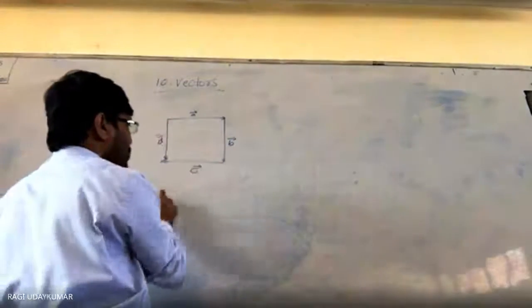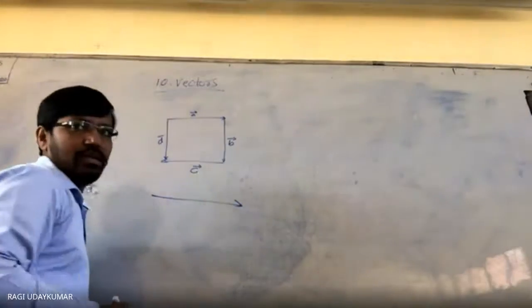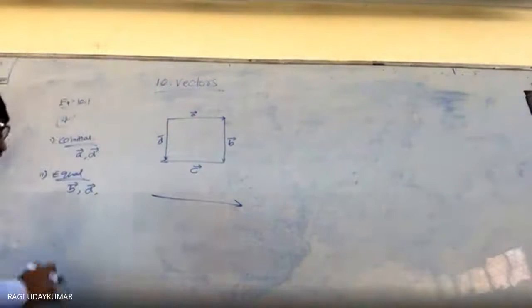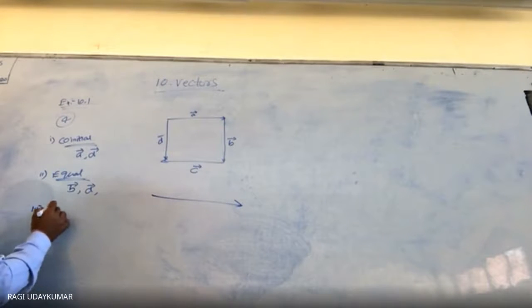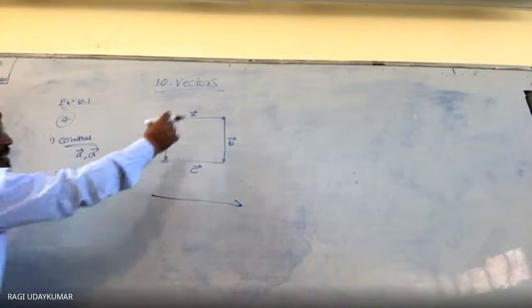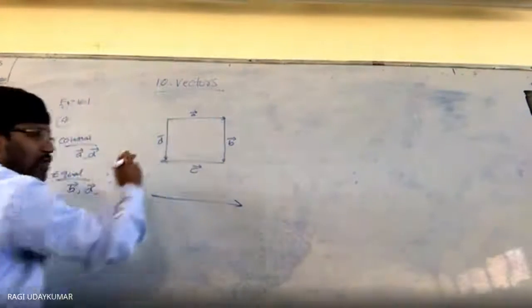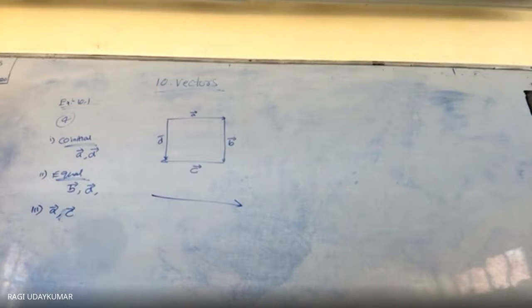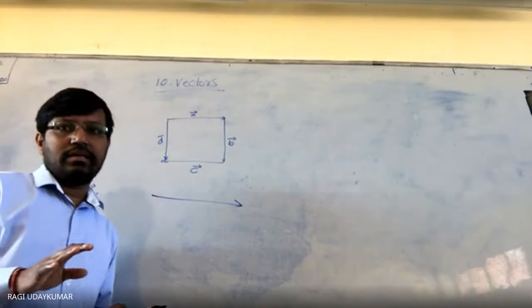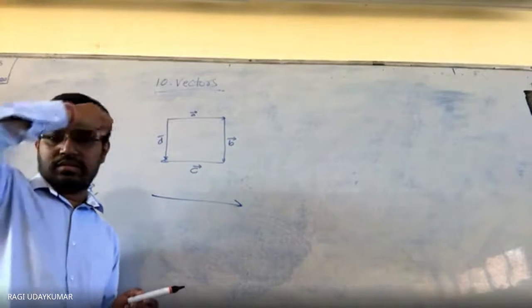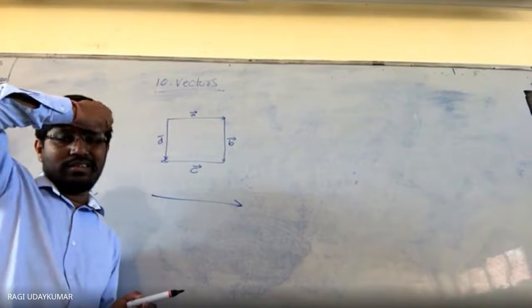These are parallel to the same line, as we can see in the figure. So you can call A bar and C bar collinear vectors. This one goes in that direction, C goes in this direction, so they are not equal vectors. Did you understand?